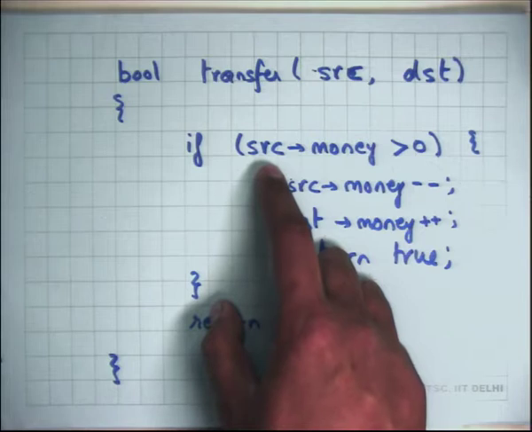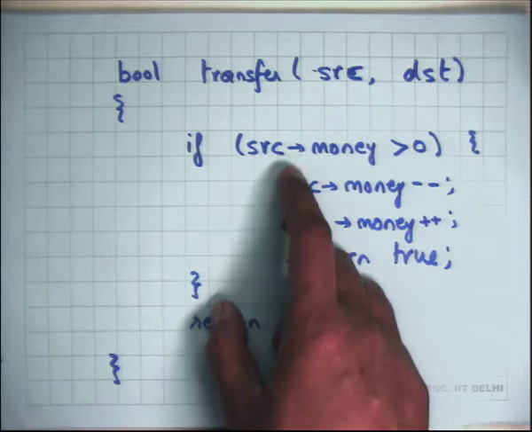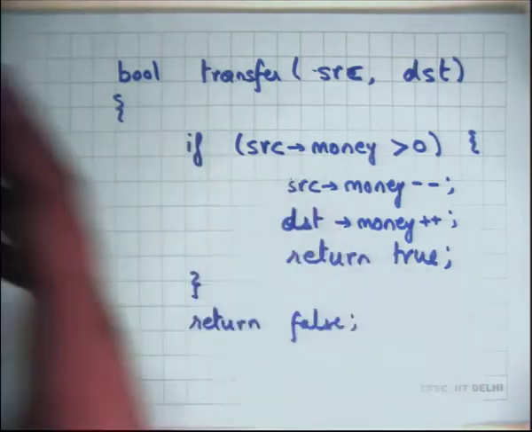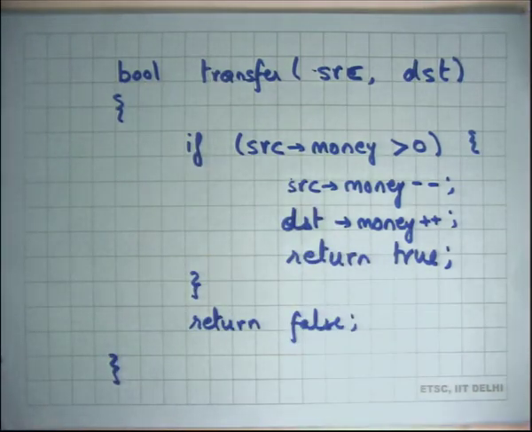Two threads come in, they both check that the money is greater than 0 because it's 1, and they both try to decrement it. At the end of the day the account will have money equal to -1, and so two people would have been paid, and it doesn't make sense because money shouldn't be less than 0. You're dealing with a non-negative number here.